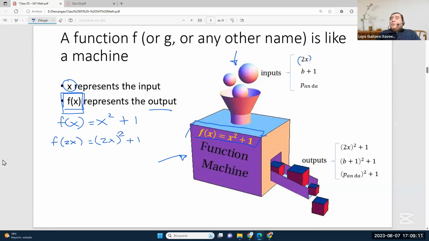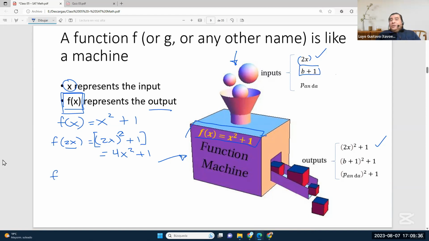If the input is 2X, the output is this whole expression. You can see here the output for the first input: square that 2X, and if you develop the parentheses, you have 4X squared plus 1, okay?